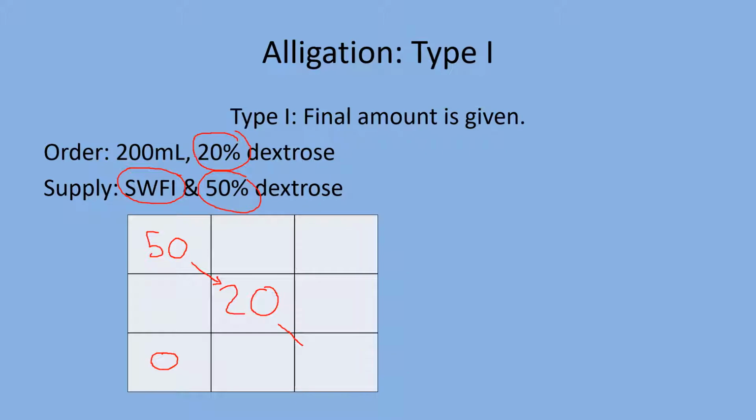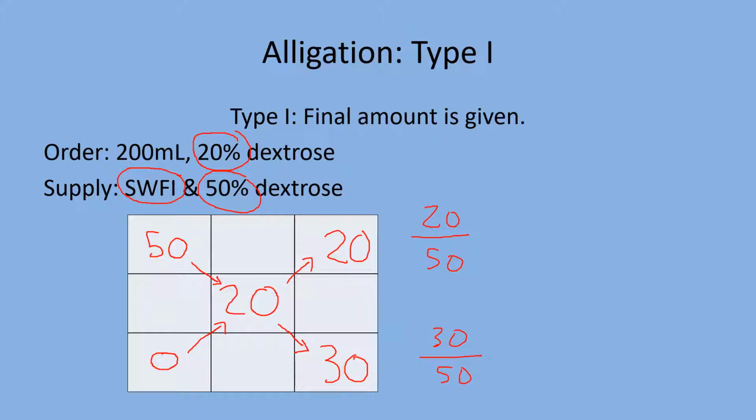What's the difference between 50 and 20? 30. What's the difference between 0 and 20? 20. All right, we got 20 parts, 30 parts. How many parts altogether? 50. So we got 20 out of 50, and we got 30 out of 50.